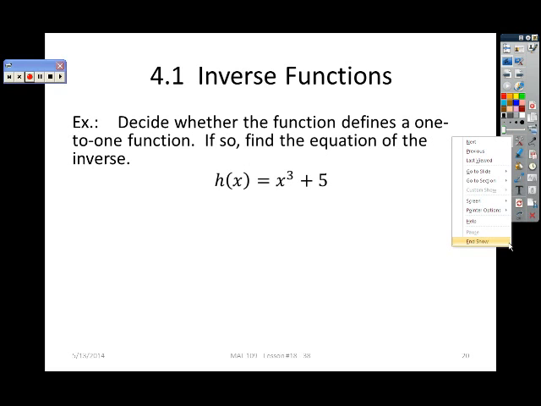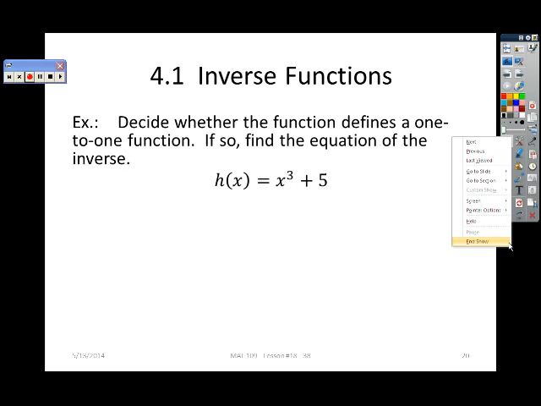And whenever you're asked to find an inverse, your first thing you should check is, is the function one-to-one? And this is where knowing those basic shapes and what the effect of transformations does to that shape is beneficial.